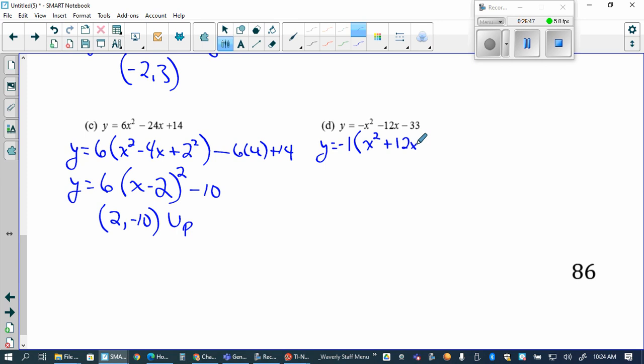Let's complete the square now. So plus what? 6 squared. But how many of these 6 squareds do we have? Negative 1 of them. How do we fix that? So plus 1 of our 6 squareds, minus 33.